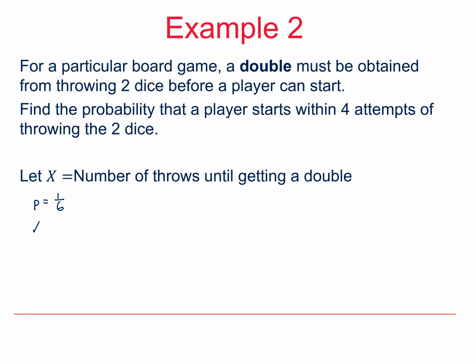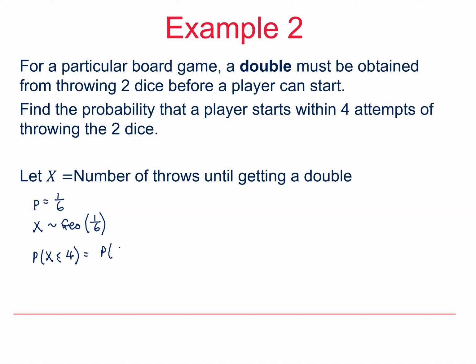And therefore X is geometric with parameter 1/6. Find the probability that a player starts within 4 attempts of throwing the dice. So we're looking for the probability that X is less than or equal to 4.